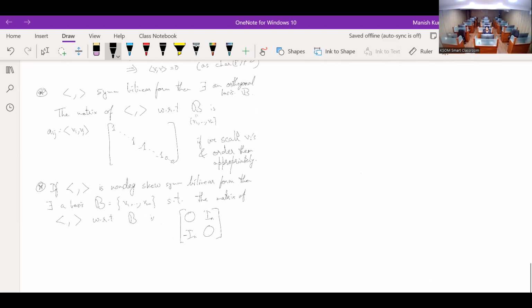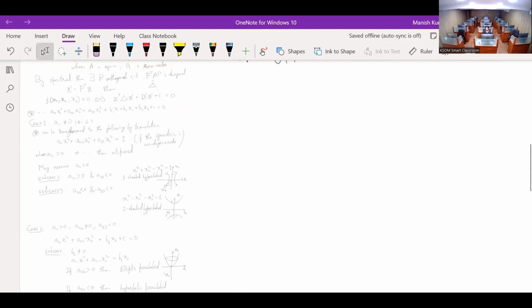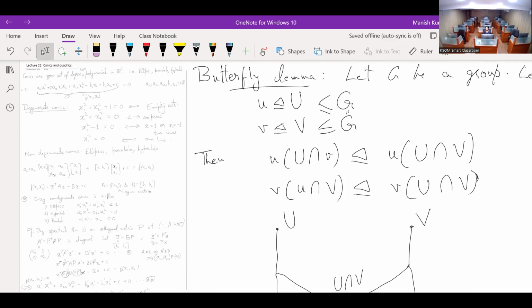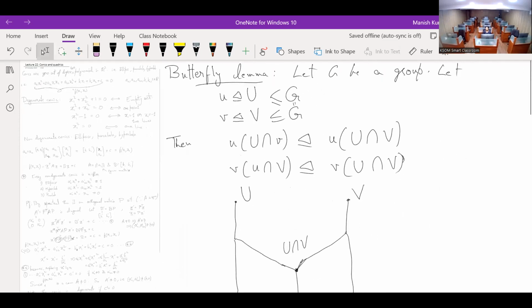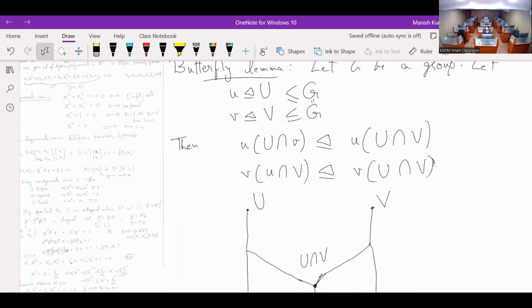But I wanted to say something about this other question about the butterfly lemma and the composition series we discussed. So let me prove the butterfly lemma and the theorem. Remember when we did the composition series, I told you that the composition series of a group may not be unique, but the composition factors are unique.